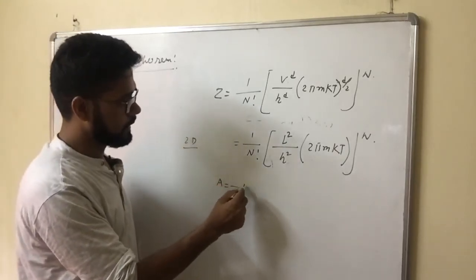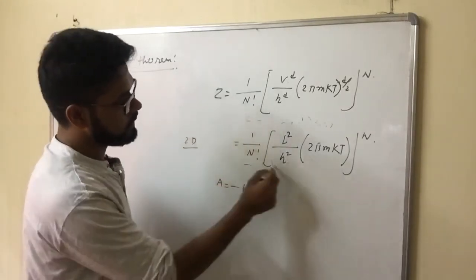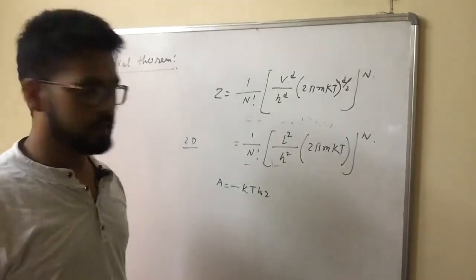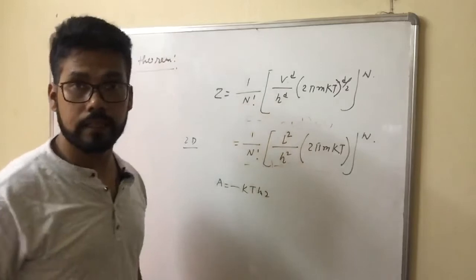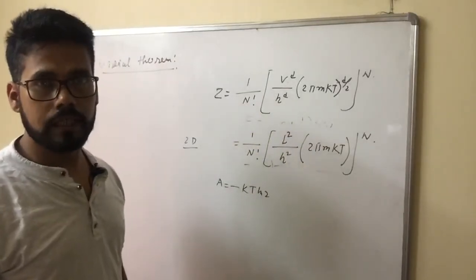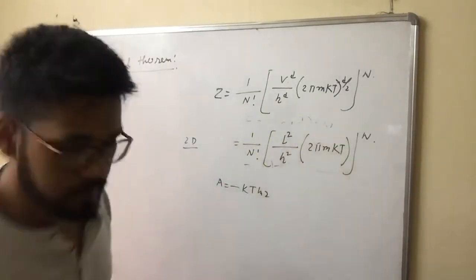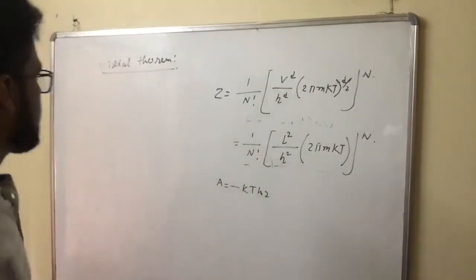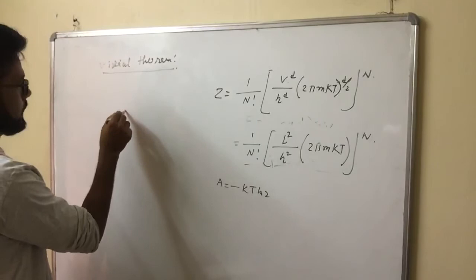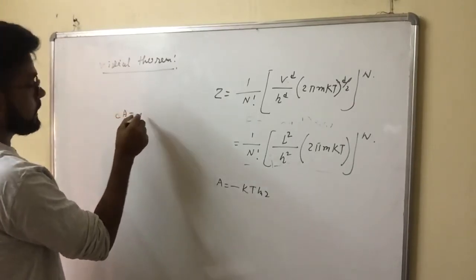F equal to minus kT ln Z. It is just simple differentiation, simple calculation of ln Z. And then you calculate the entropy. What is the formula of entropy? I have given you the formula now. dA equal to, what is the dA?